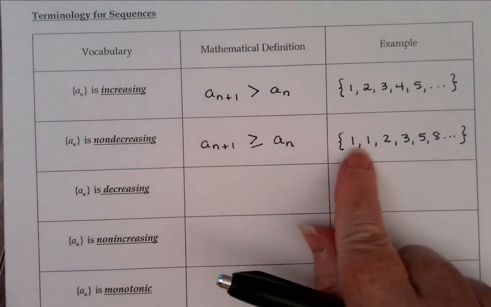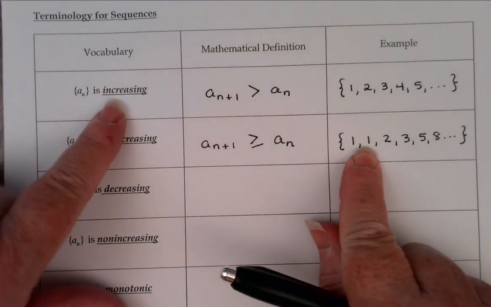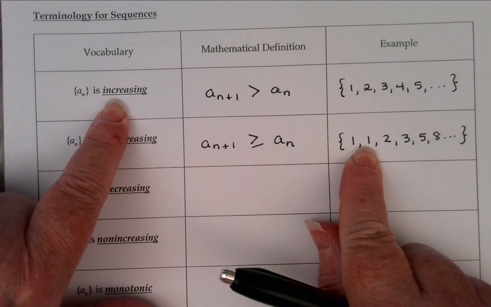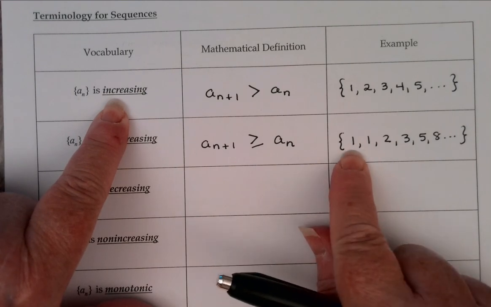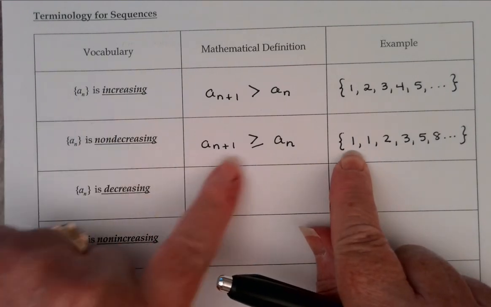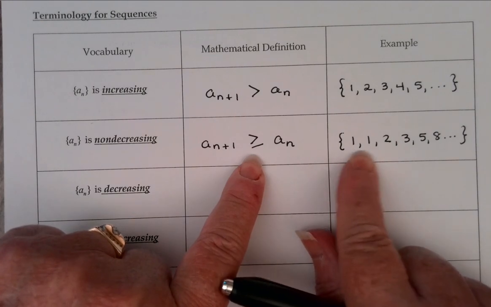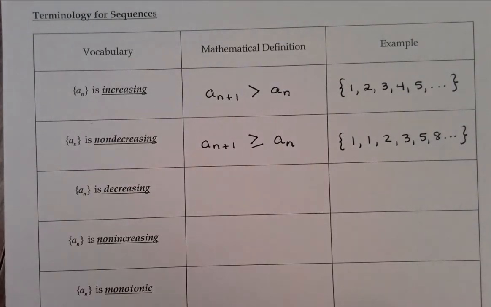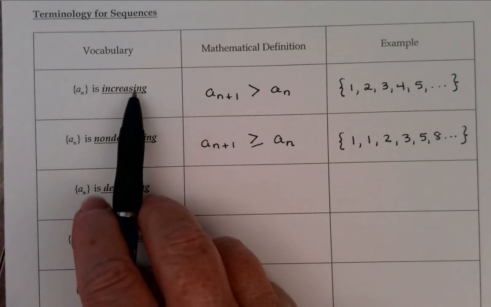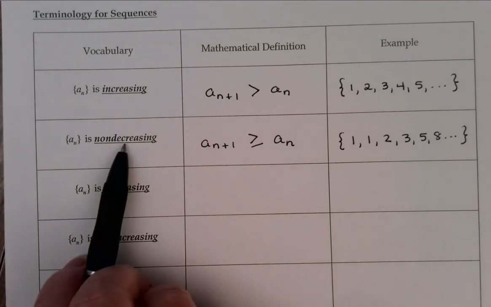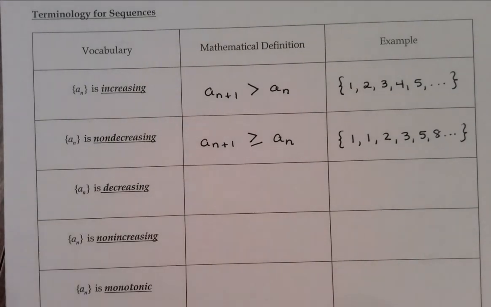Notice that the first 2 terms don't technically meet the definition of increasing. The second term is not bigger than the first, but it is greater than or equal to. So we can call this one non-decreasing. It's not necessarily strictly increasing, but at least it never decreases.